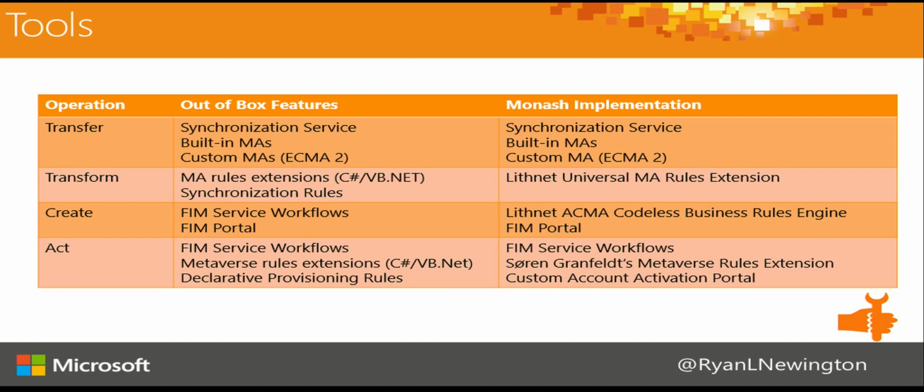Creating information. So out of the box, we have FIM service workflows and the FIM portal. We use the FIM portal extensively for our manual object administration. That's where we go to change any data, create new accounts and those kind of things if we need to do it manually. FIM service workflows, again, there's a bit of an overhead in the workflow engine if you're having a lot of user accounts, particularly a lot being created at the same time.